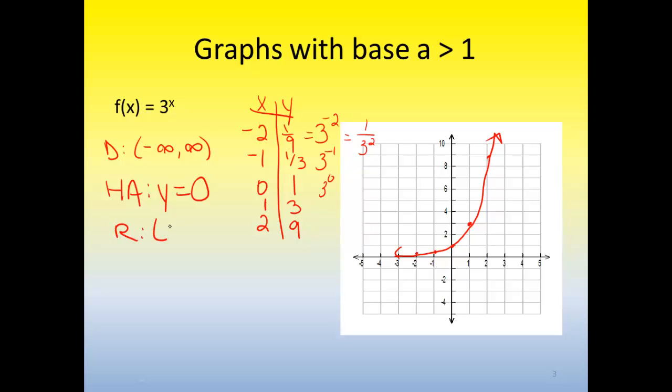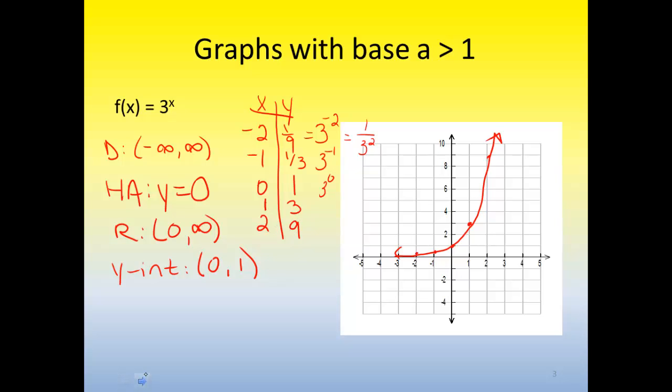Your range is 0 to infinity. My y-intercept here will be 0 to 1, or 0, 1. All the same information as our basic graph. The only distinguishing characteristic are the values that you get in your table.